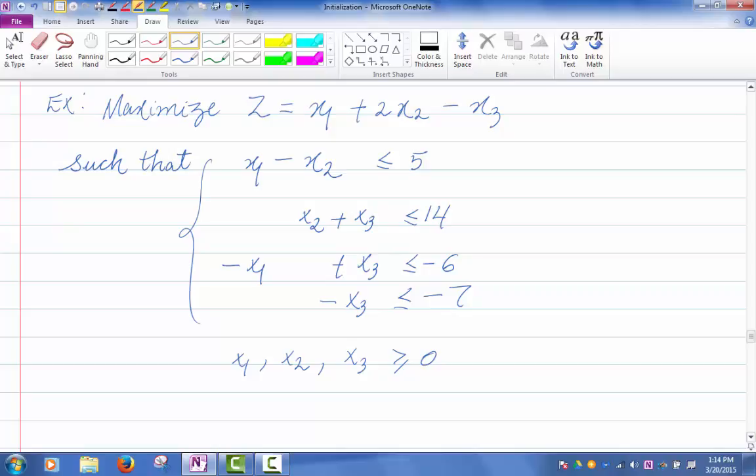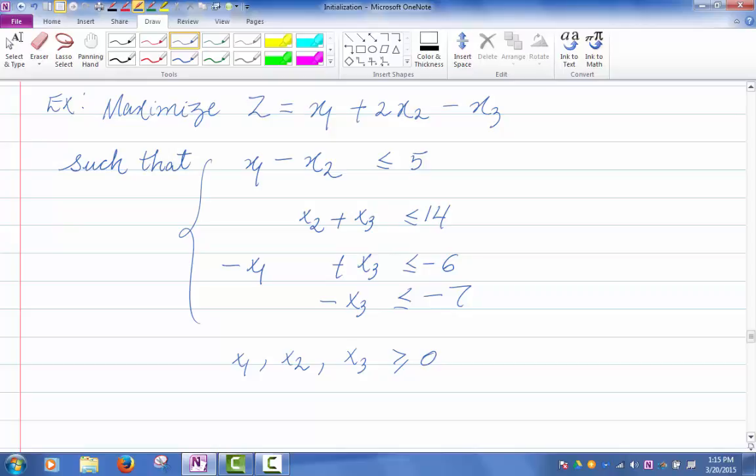Okay, so the question here is: maximize the objective function z, which is x1 plus 2x2 minus x3, subject to the constraints x1 minus x2 less than 5, x2 plus x3 less than 14, minus x1 plus x3 less than negative 6, minus x3 less than or equal to negative 7, and x1, x2, x3 are all non-negative. This is the original problem.